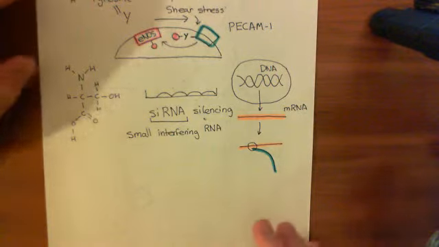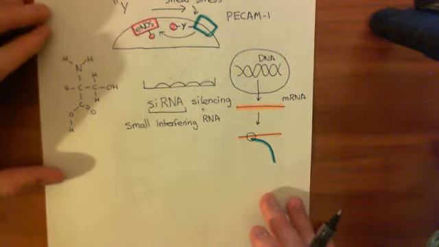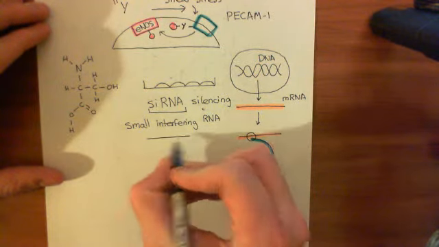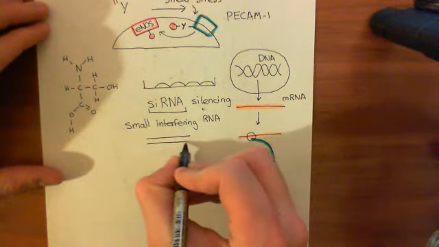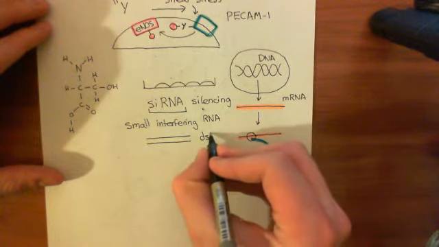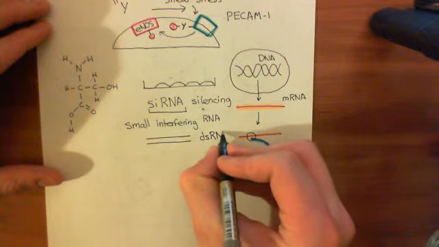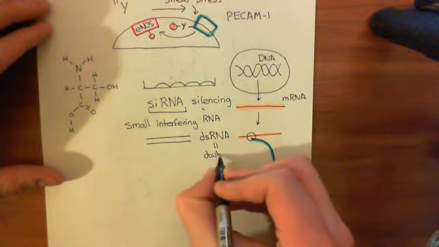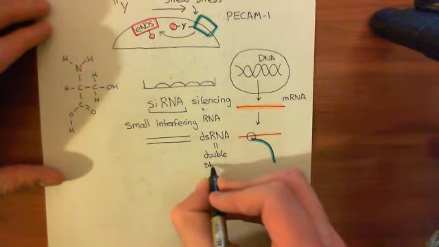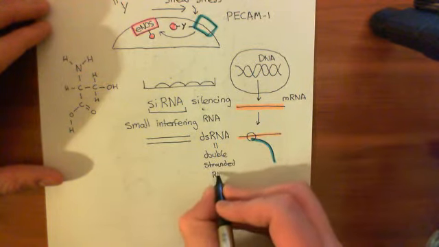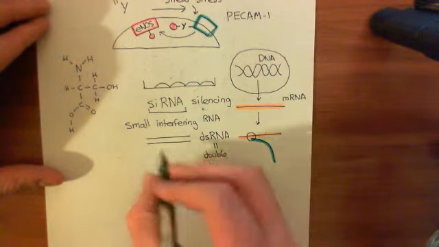So we are going to do a gene silencing experiment using siRNAs. siRNA stands for small interfering RNA, and these are very small double-stranded RNA molecules. So here is our double-stranded RNA, dsRNA for short, where ds means double-stranded. Small interfering RNAs are not very long.